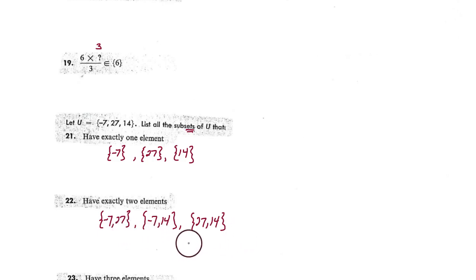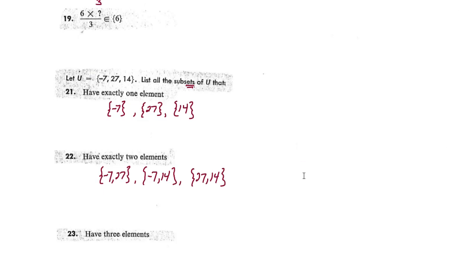This is all of the ways to choose 2 out of those 3 numbers. Number 23. How many subsets can we pick that have 3 elements? There's only one possibility: to choose all 3 of the elements to put in the set.